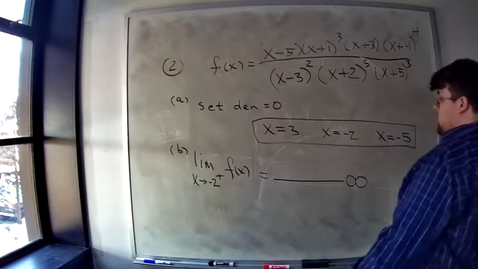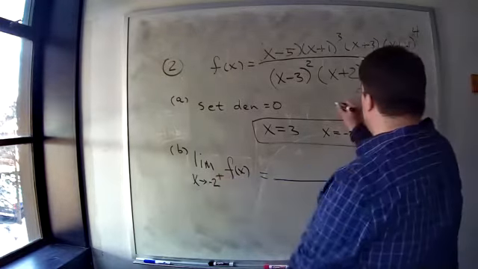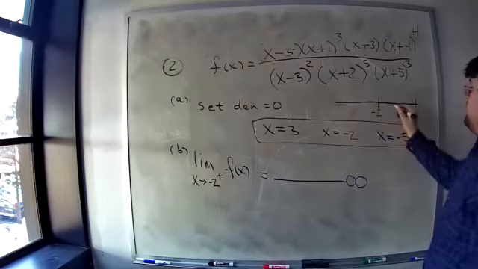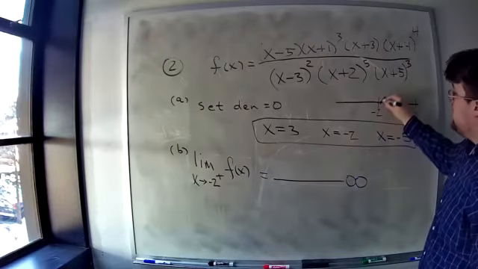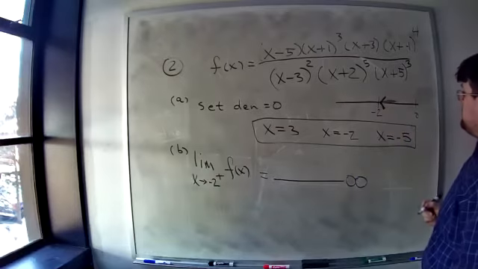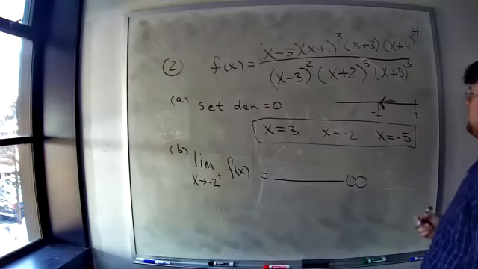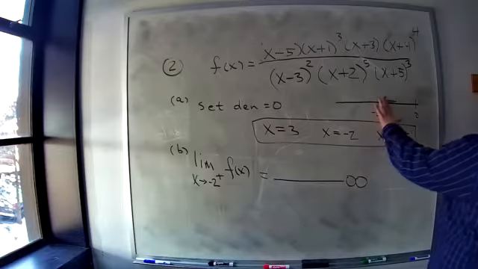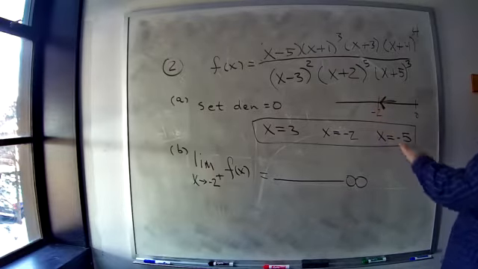So what we're going to do is look at the right of -2 here. I'll just draw that with a number line up here. So we're looking at the right. Oh, I forgot to mention that this morning. Okay. We're looking at the right of -2, so numbers over here.